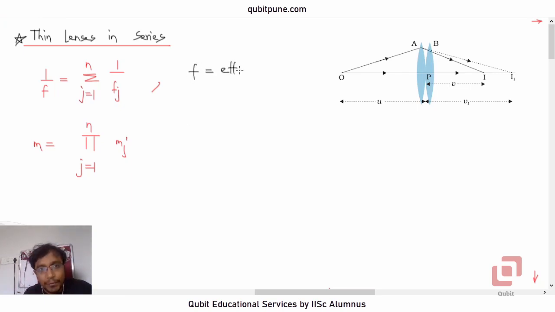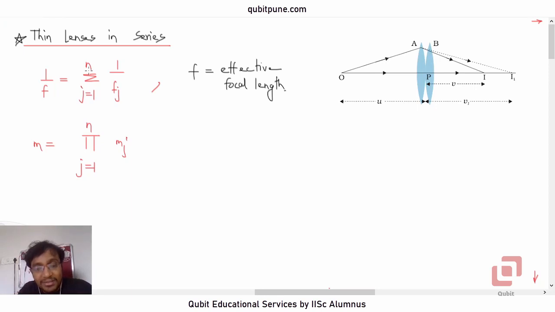The effective focal length can be obtained using the formula that we use for finding equivalent resistance of a parallel combination. So you have to take the reciprocals of all the focal lengths, add them, and then whatever answer you get, you have to again take the reciprocal of that. So 1 upon f is the summation of 1 upon fj as j goes from 1 to n if you have n lenses kept one after the other.